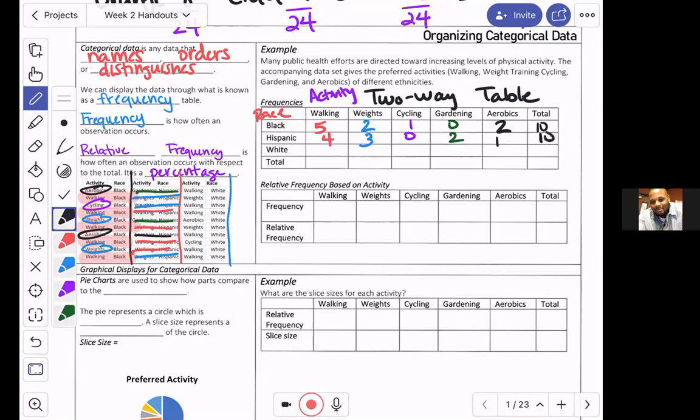So here's what I get for Hispanics: 4 walkers, 3 weight trainers, 0 cyclists, 2 gardeners, and 1 aerobics person.